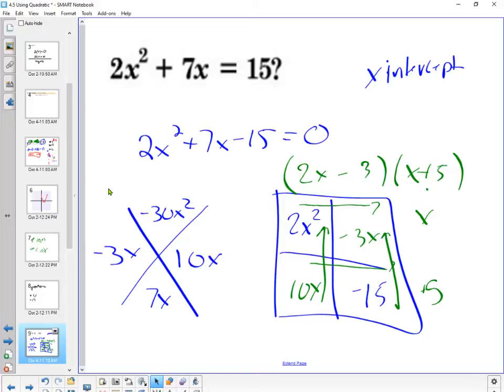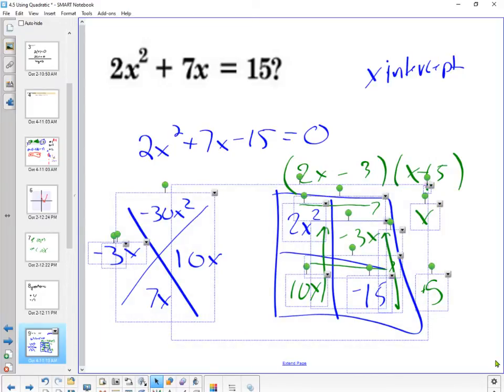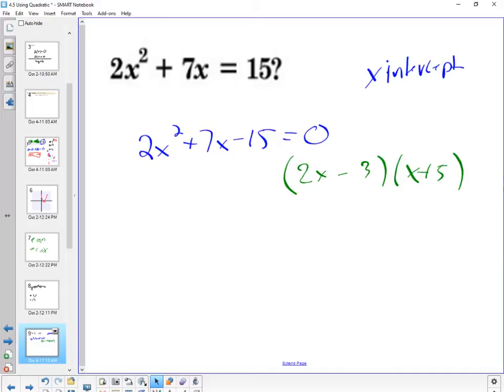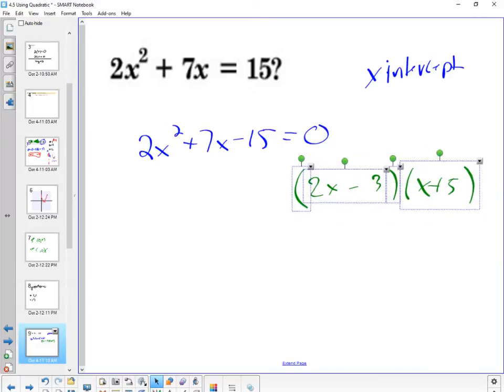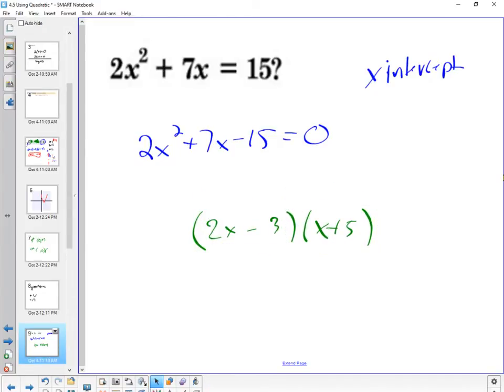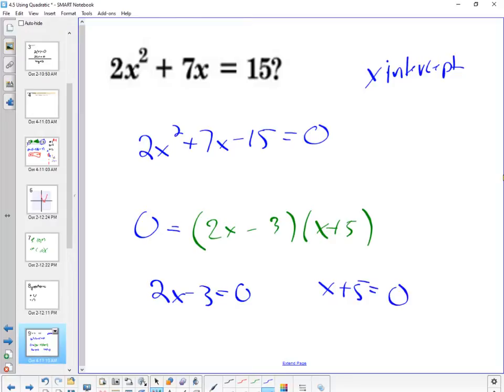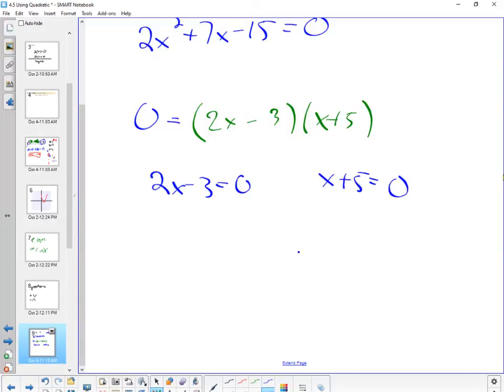All right, we're good. All that we have done is to factor it. Watch what I'm going to do here now. I'm going to take my factored form. What is it equal to? 0, right? That means that 2x minus 3 is 0, and that x plus 5 is also equal to 0. You guys remember how to solve these guys?